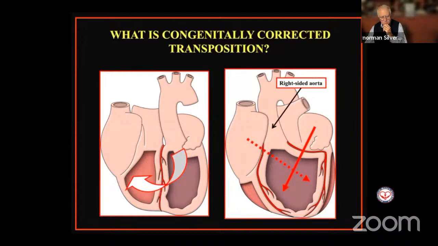So this comes back to that hoary old question. This is transposition SLD. It is D transposition, but it is still congenitally corrected. So to emphasize again, L transposition is not the same thing as congenitally corrected transposition.